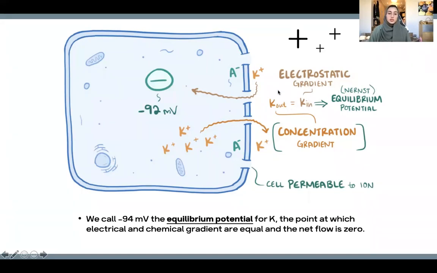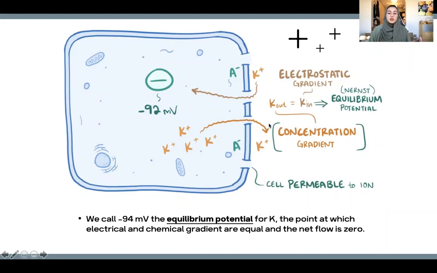That's why they work in opposite ways. The concentration gradient is going to push potassium outside. The electrostatic gradient is going to push it inside, because you have a lot of positivity out here and it's a lot more negative in here.